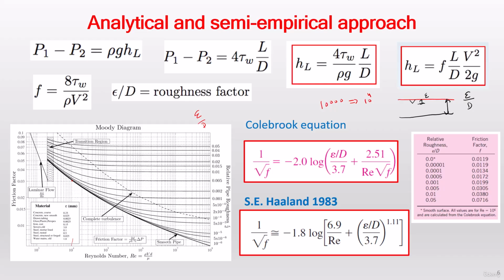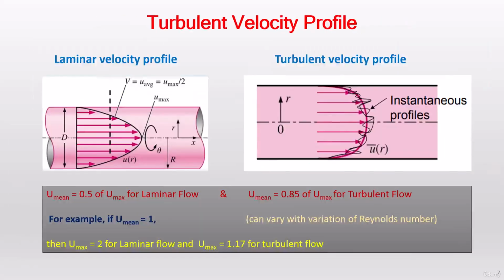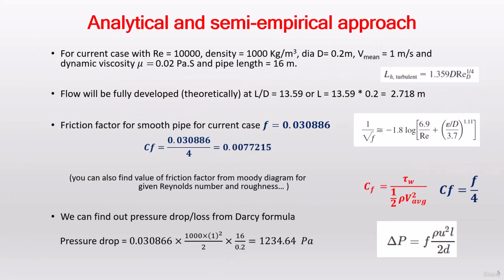So if you take a look here, the value of the friction factor for a smooth pipe with Reynolds number equal to 10,000 is around 0.032. The same value is given here. This is exactly the value taken from the correlation here.